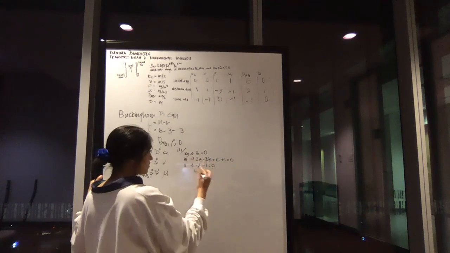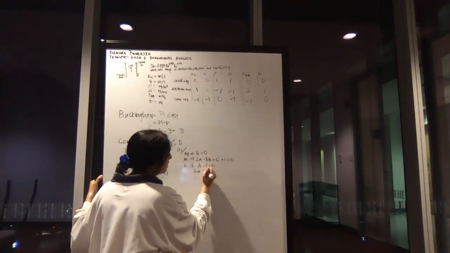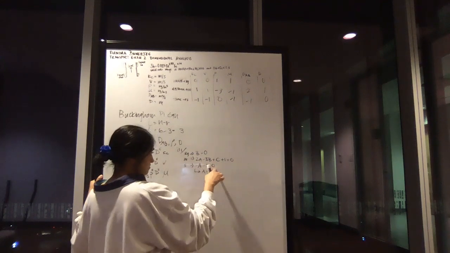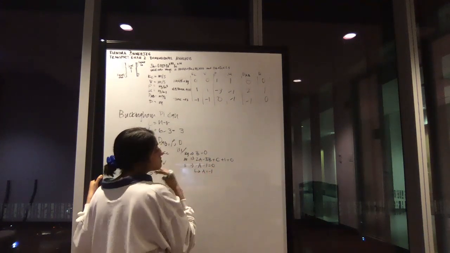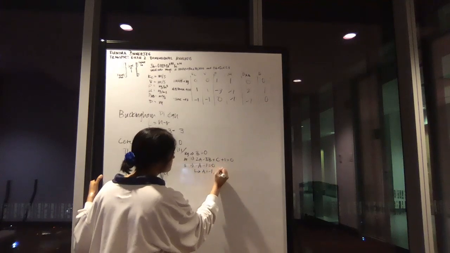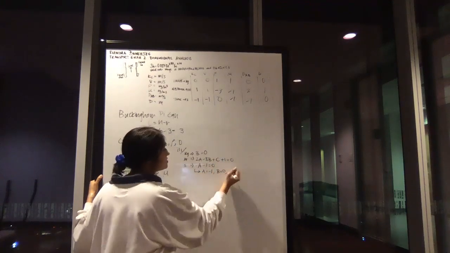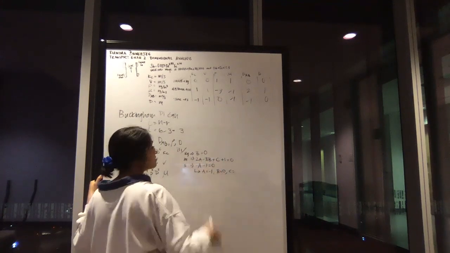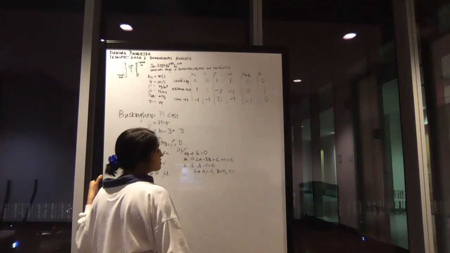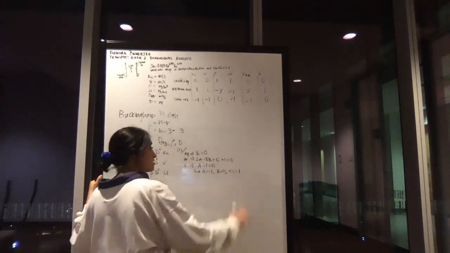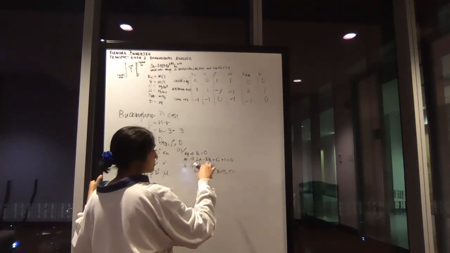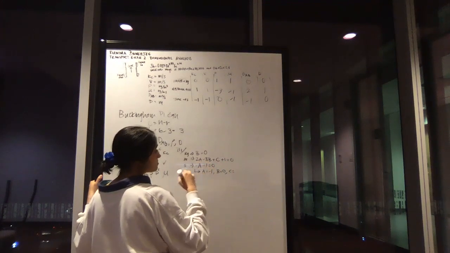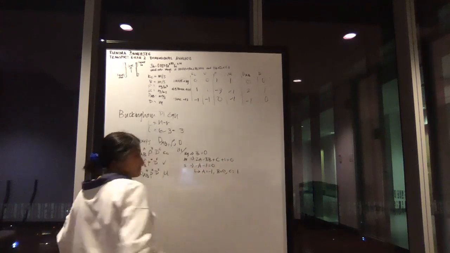So now that we have the components, A we know is just minus 1. B is equal to 0. And then C is equal to minus 1, minus 1, minus 2 equals 1. So 2A minus 2 minus 1, so C is equal to 1.